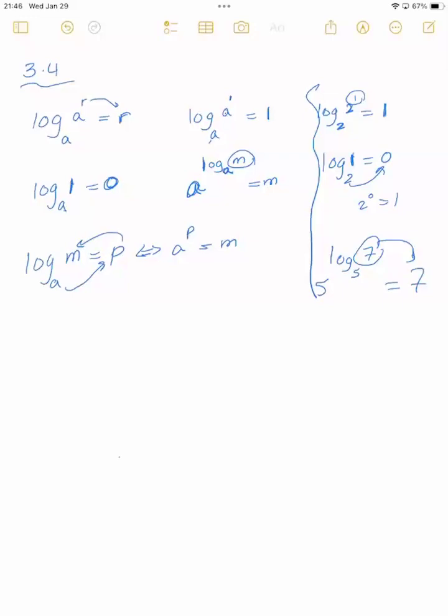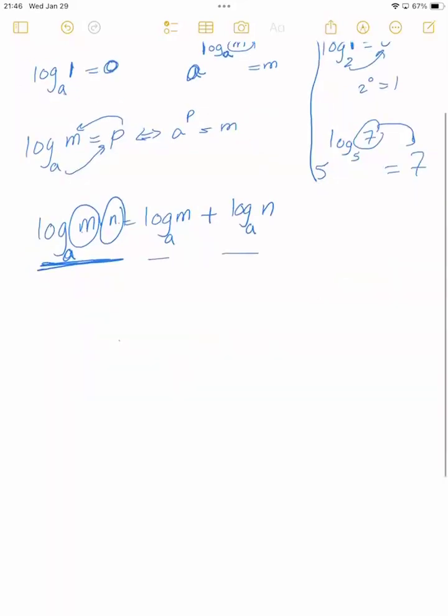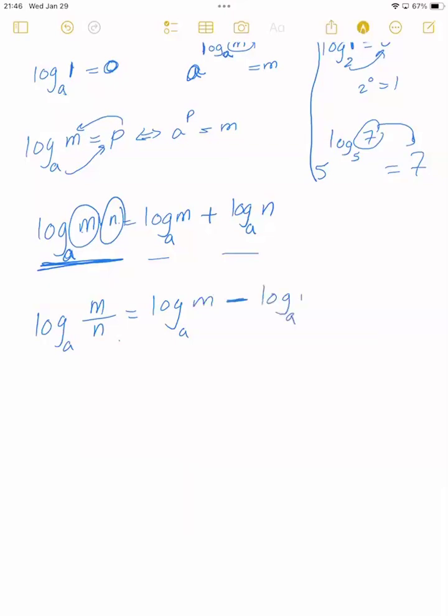The other properties were, one was log base a of m times n. This is the product. I'm multiplying two things. I can get log base a of this guy m plus log base a of n. So I have one log, I can write it as 2 logs. If I have a division, 1 log with a division for its argument, then I can write it as 2 logs, log for the numerator m minus log for the denominator n.